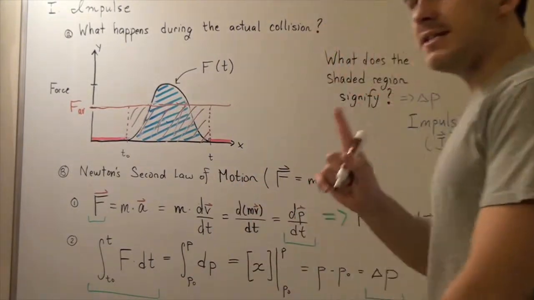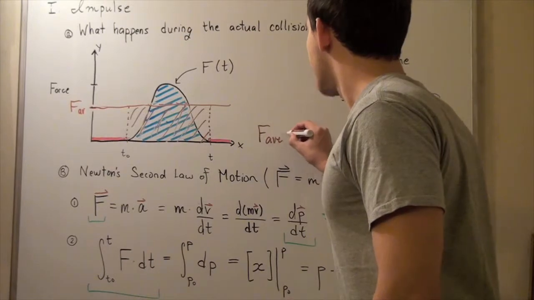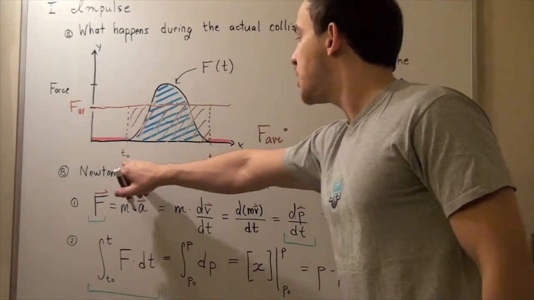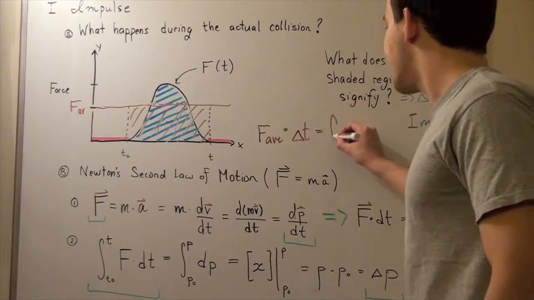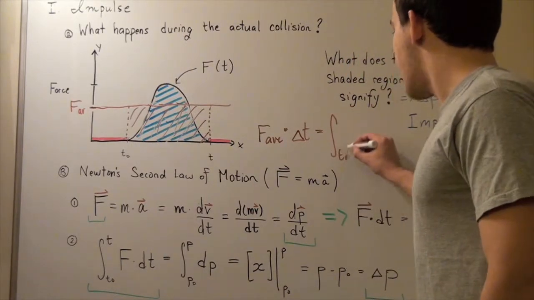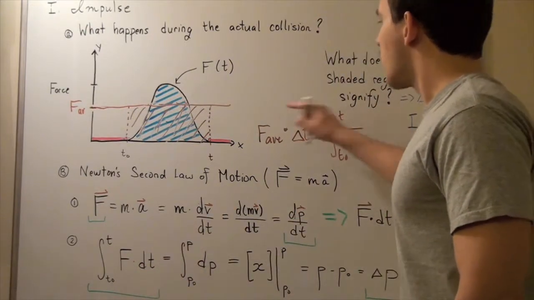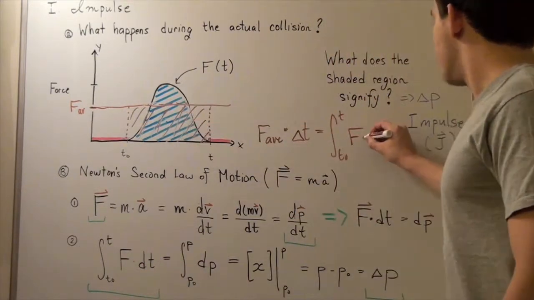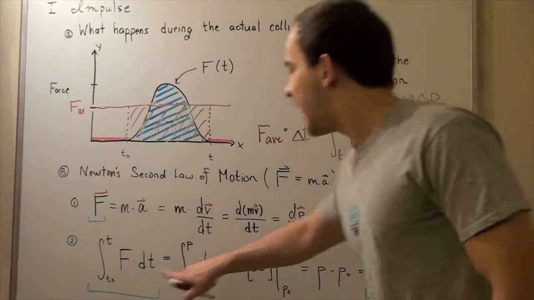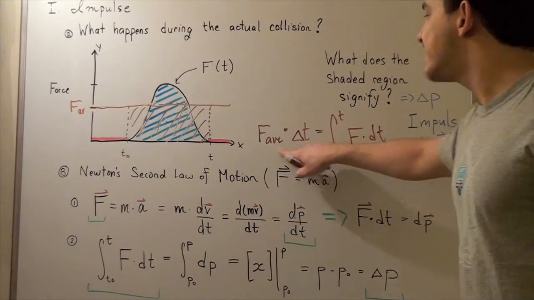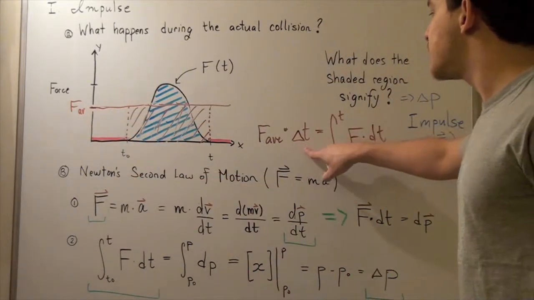So this means the following. Average force multiplied by change in time is the same exact thing as taking the integral from t naught to t final of the force function multiplied by dt. So this, which we got down here, is the same exact as the average force multiplied by change in time.